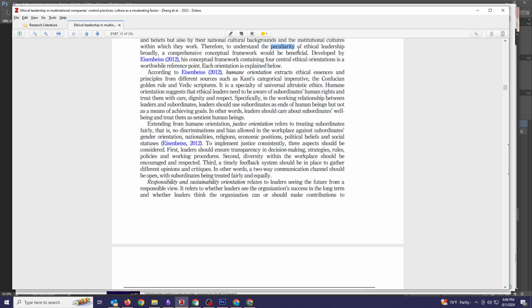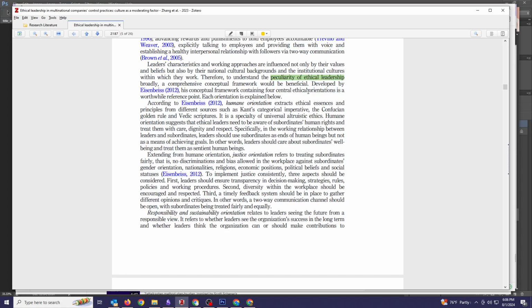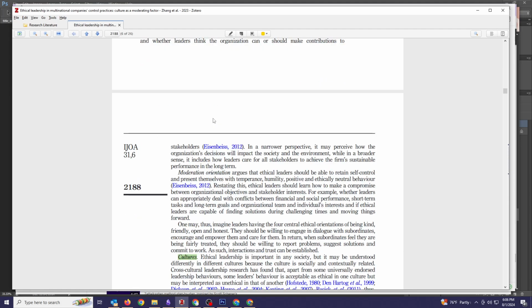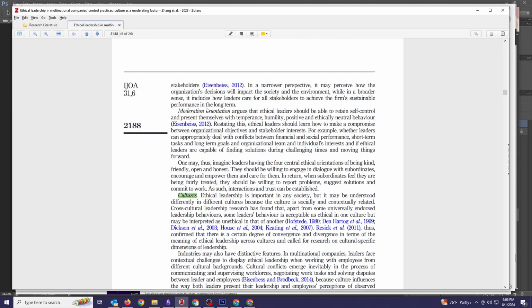So this had caught my eye as I went by, but I wanted to finish highlighting the subheading on cultures. This phrase seems odd to me, this peculiarity of ethical leadership. And so I was curious about what they're talking about here. So I highlighted it as something that I wanted to include in my overview and to learn more about. And then I have my cultures.